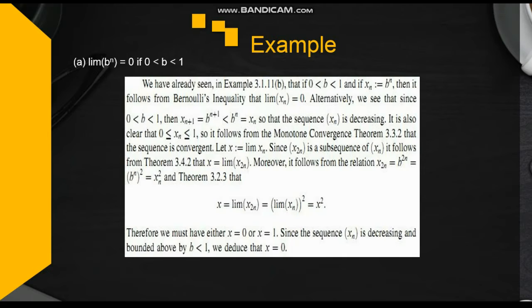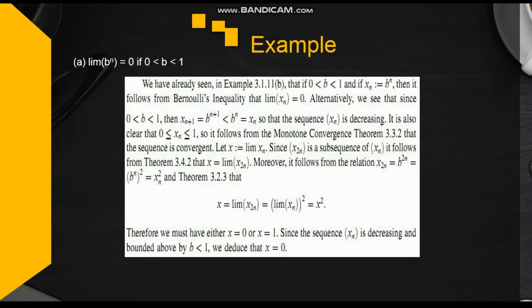We can see the solution, and then it also follows from the monotone convergence theorem that the sequence is convergent. We can see that x = lim x_n = lim x_n^2 = x^2.